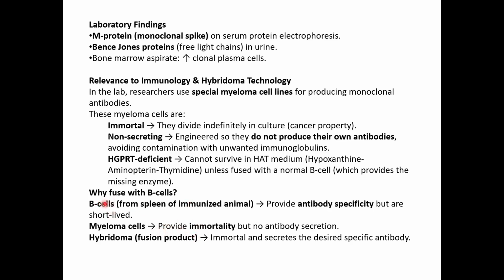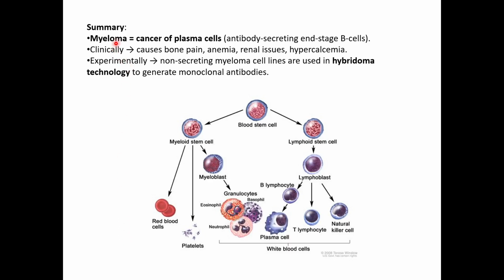So whatever is not here is here, and whatever is not here is here. That is the reason we need these cells, and they survive on the HAT medium. So myeloma is basically cancer of the plasma cells, and it is engineered in such a way that we can use it to produce monoclonal antibodies.